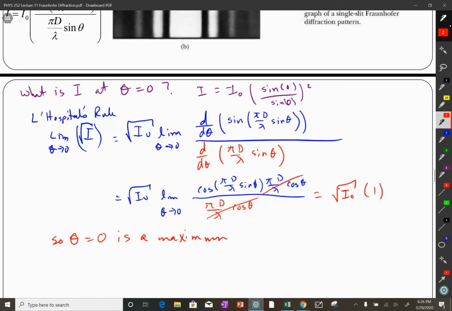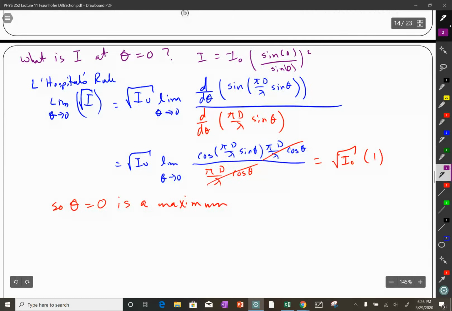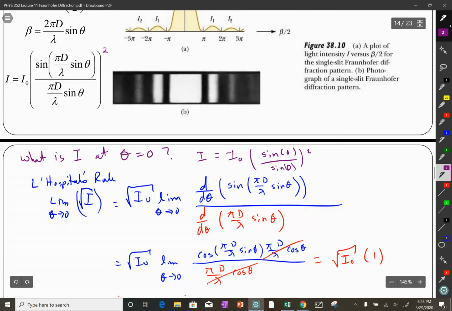Now, if I want to find minima, that's actually easy. Minima are going to occur when the numerator is 0, unless the denominator is also 0. Well, the denominator was 0 at 0. That's why I did this first one. The denominator is not going to be 0 again within pi over 2 to minus pi over 2.